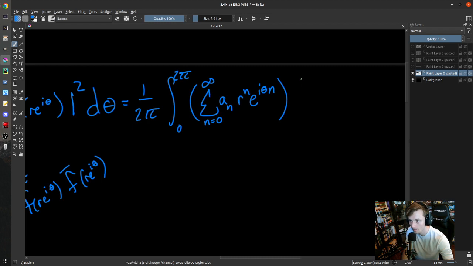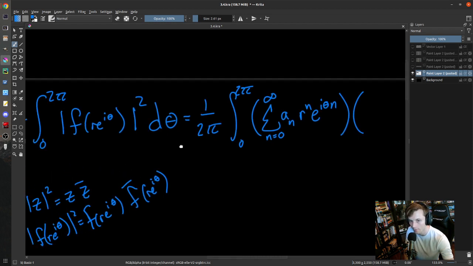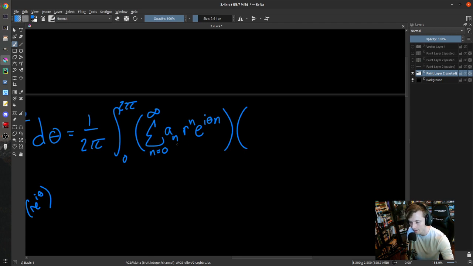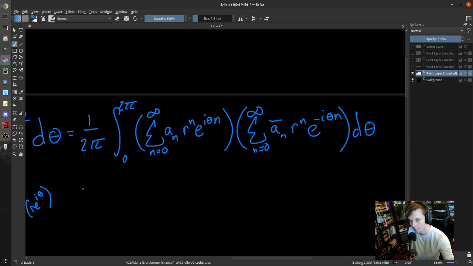Okay, and I'm going to write out f bar of r e to the i theta as, well, just the conjugate of this, right? So n equals 0 to infinity of a_n bar r to the n, since r is just real, and e to the minus i theta n d theta. Okay, now notice I'm multiplying these two big products together right here, right?